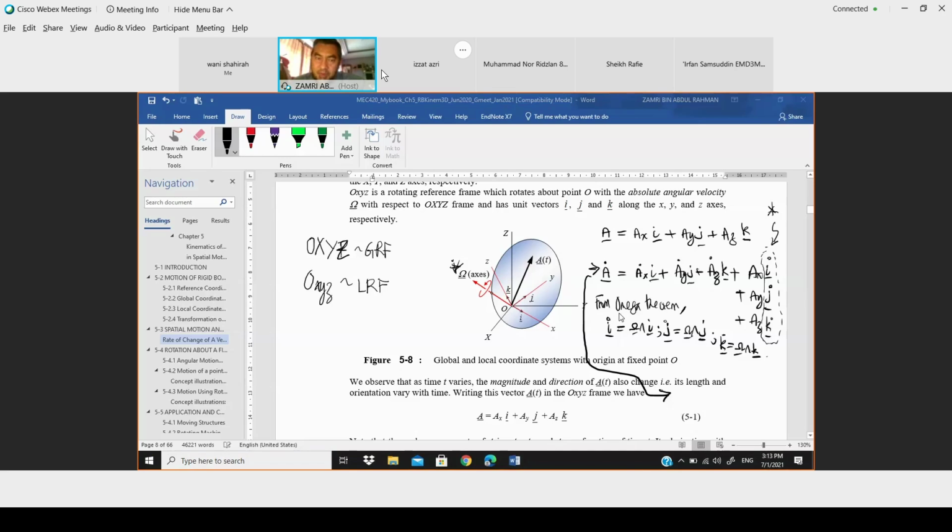Kalau macam tu saya ulang balik. Kefahaman ini penting sekali iaitu pertama kita nak recognize kata adanya two set of references, or reference frames. Let me move this screen.